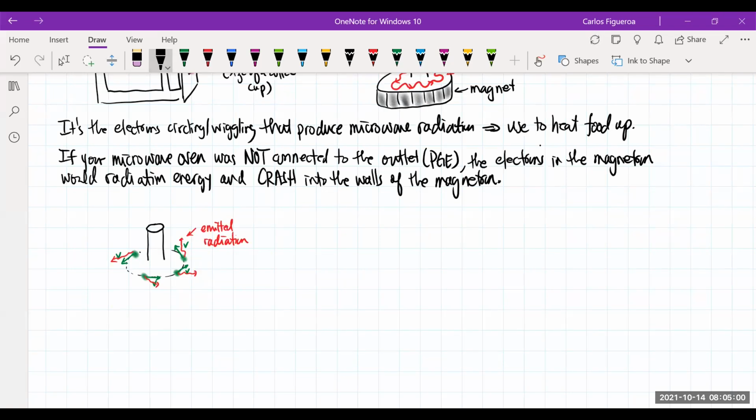So again, just to review, the reason why electrons continue to move in circles is the added electrical power from the outlet.